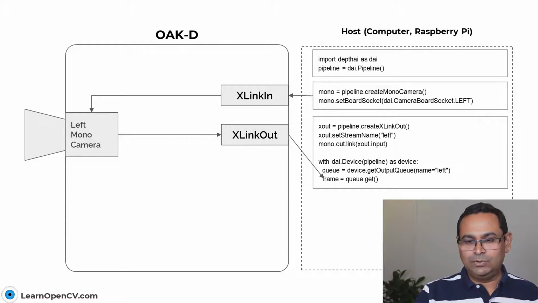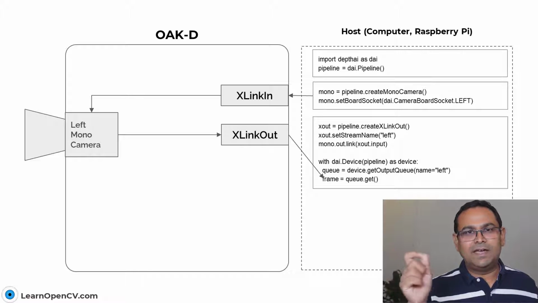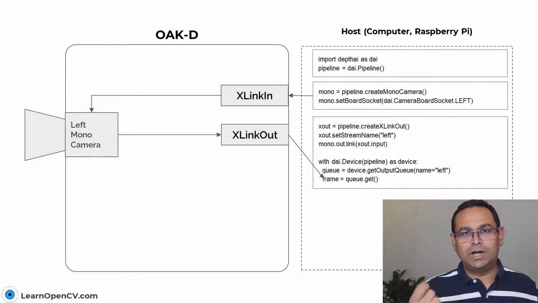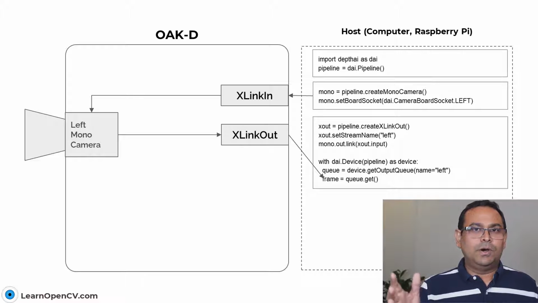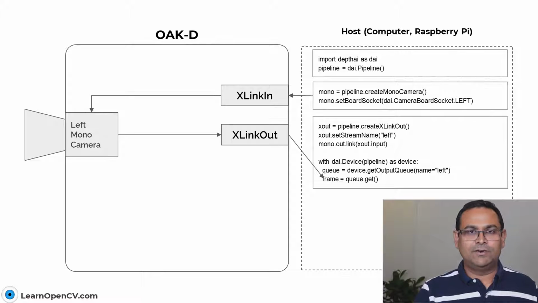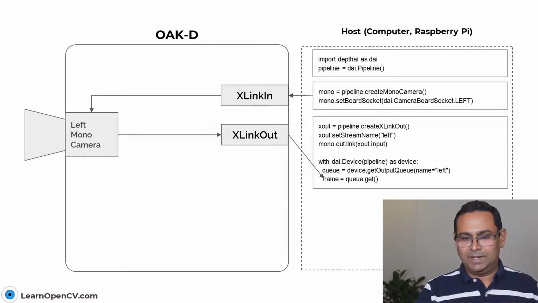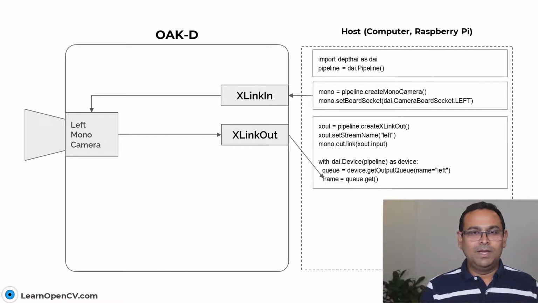And from that queue, as you can see here, we say queue equals device.getOutputQueue, and we have to specify which output we are talking about. So we are talking about the left output, which we had specified earlier in this line of code. Once we have the queue for this X-Link out, we can query it to get one frame. We are just saying queue.get to get that one frame.